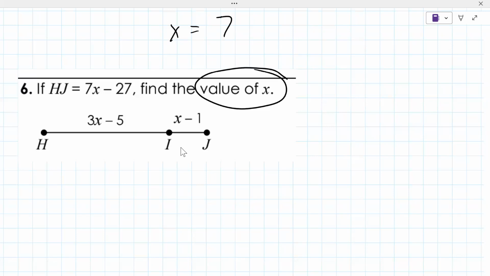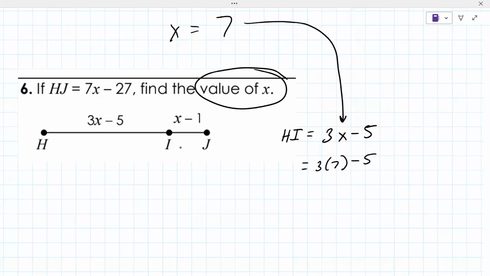I divided the number that I got the x from with the numbers I got at the line. So h to i is 3x minus 5. That 7 goes in for x. It's 3 times 7 minus 5. Oh, multiply, not divide. Yeah.